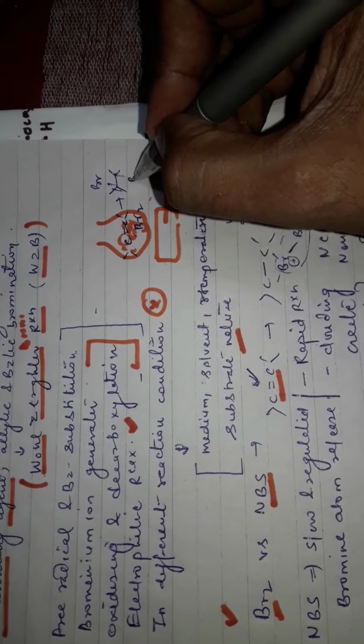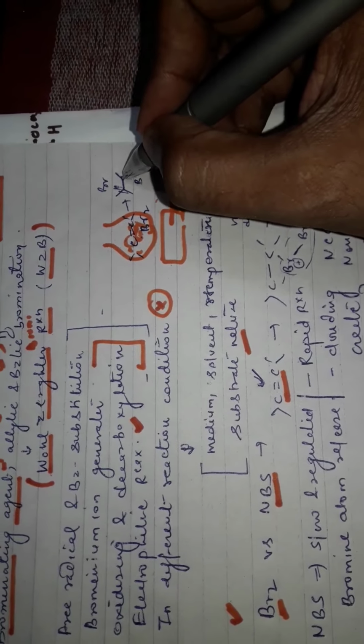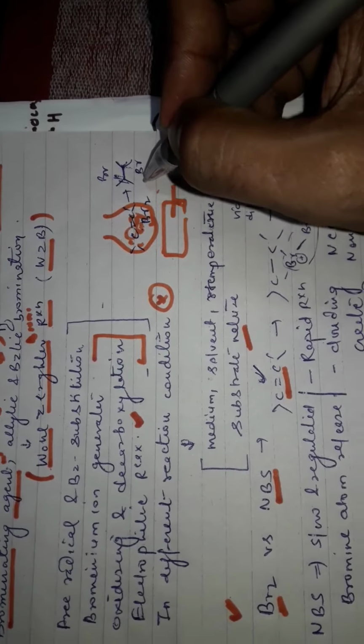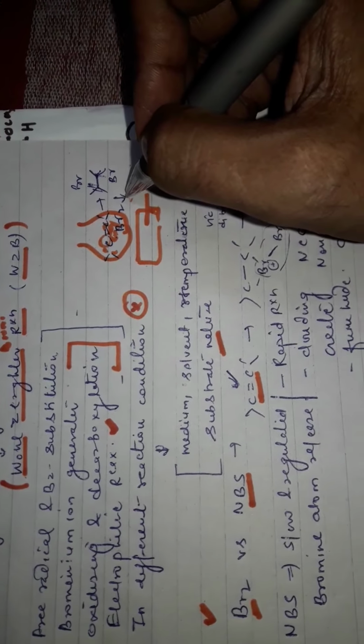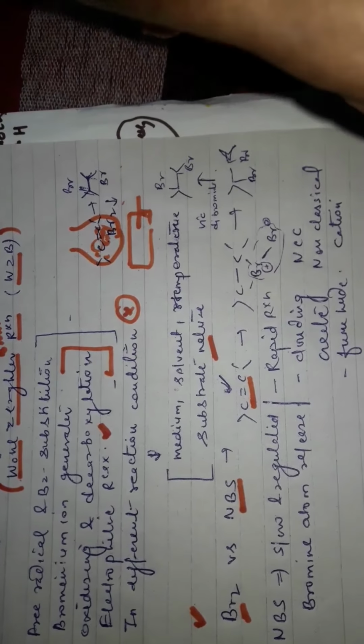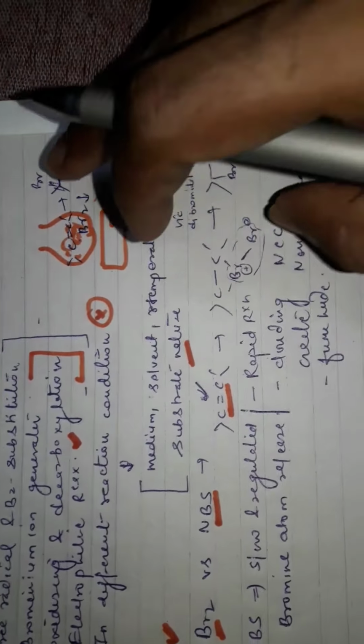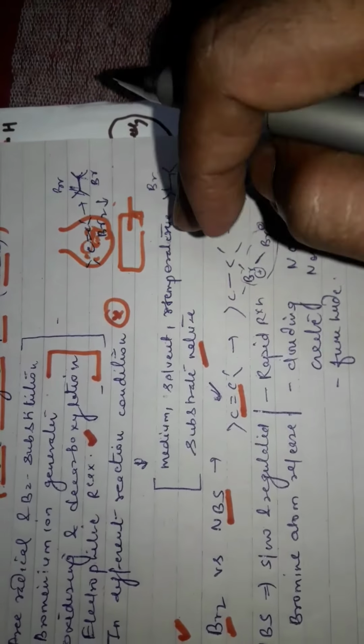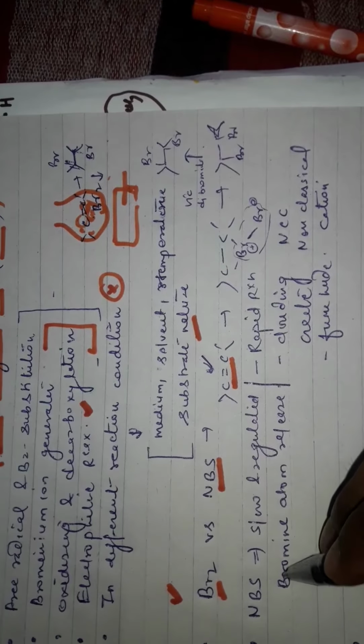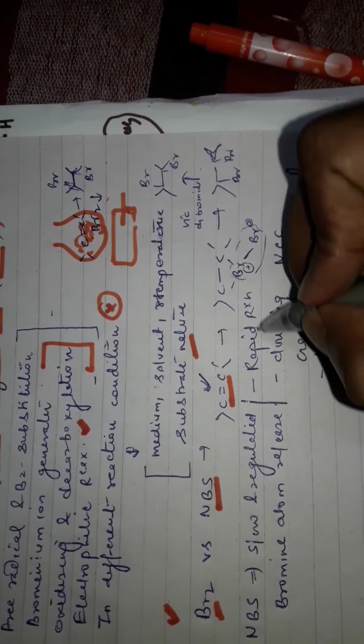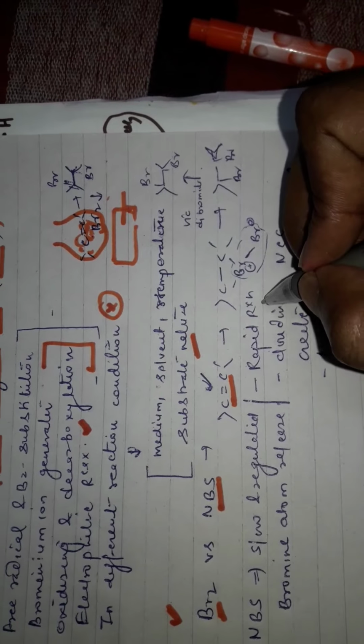The reaction time is very short, it happens instantly. But bromine has several drawbacks, such as rapid reaction.